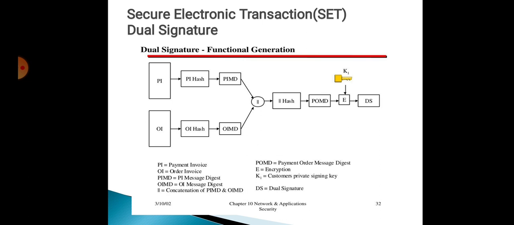If the merchant can capture another order information from this customer, the merchant could claim this order goes with the payment information rather than the original. Dual signature confirms the payment is made for a specific order.